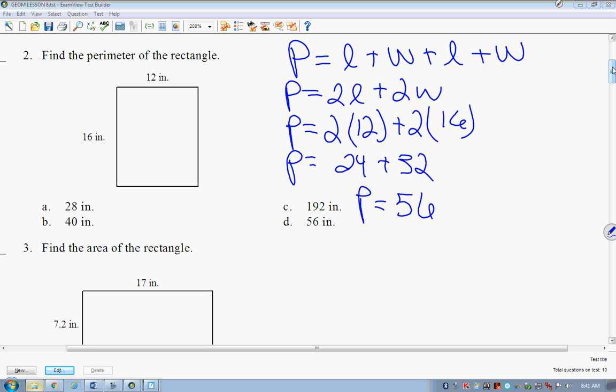Yeah, you could have done it in a calculator. And if I know what I'm doing, do I need all of those steps? No, if I know what I'm doing, I probably don't need to write down those two things. I can solve that a lot quicker, correct? 56 was D.